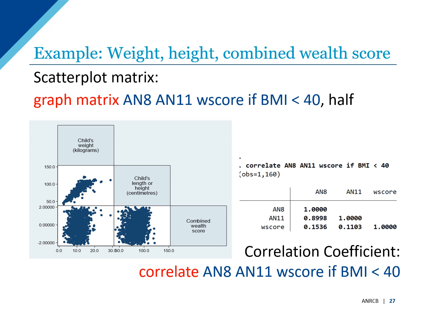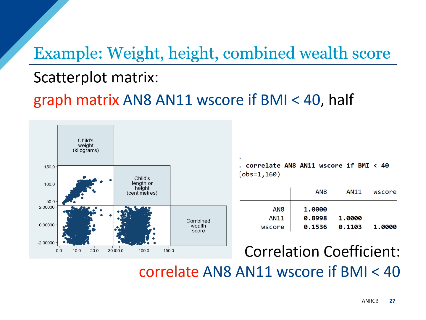We can create a scatter plot matrix in which we correlate each of the variables with one another and visualize the plots. Or we can also look at a correlation coefficient to evaluate whether there is a linear association between each of the variables. What do you notice about the correlation between weight and wealth score and height and wealth score?